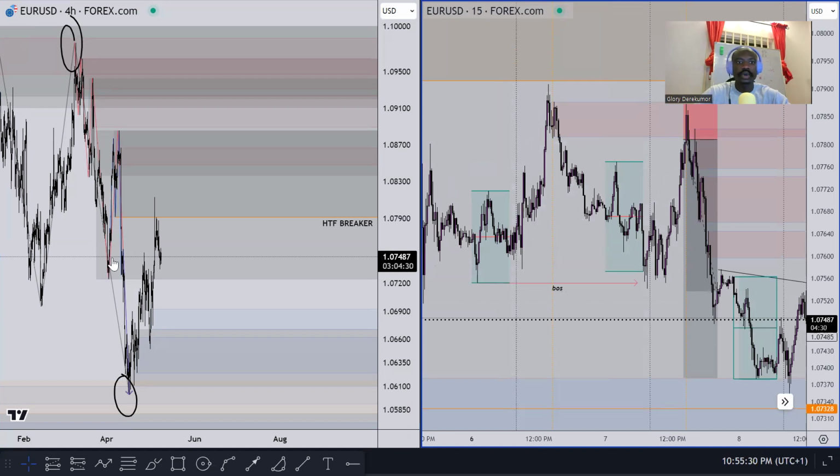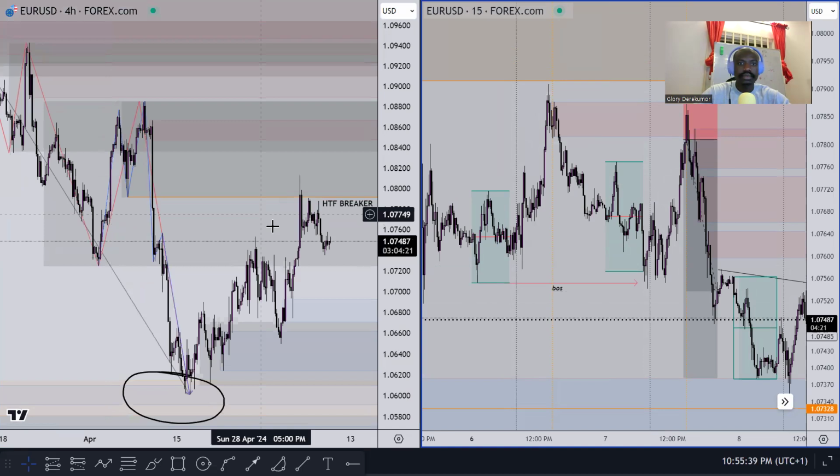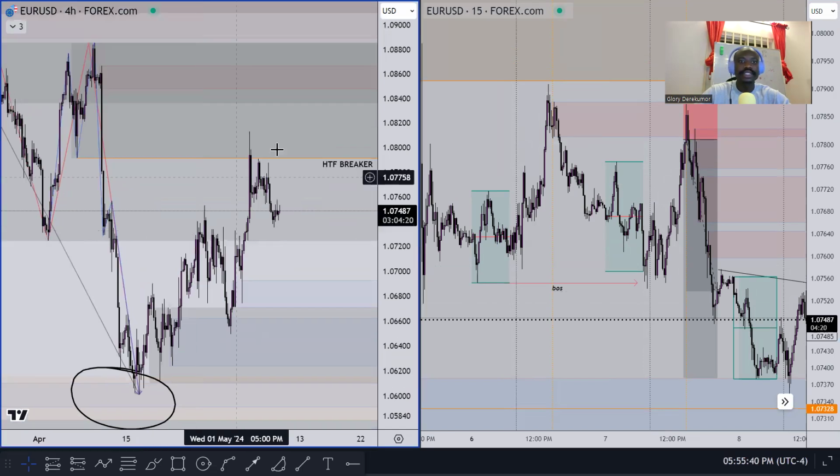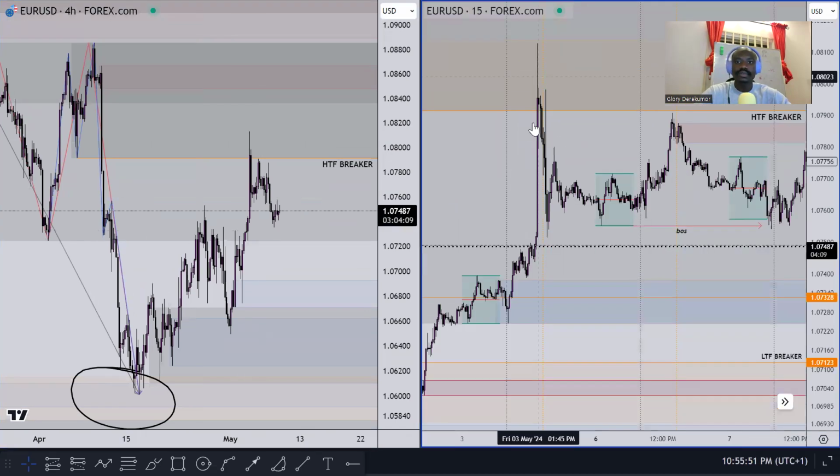So here we go. On the 4-hour time frame, you can see the market has now reached the breaker level. And what do we want to see from the breaker level on lower time frames? We want to see reaction from the breaker level, and we want to see our reversal pattern.